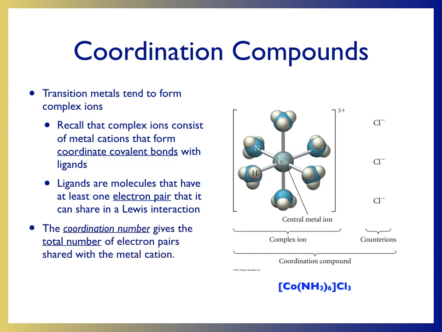The number of electron pairs that can be shared between a transition metal and its ligands is known as the coordination number. For the complex ion shown on the right, the coordination number is 6, since 6 electron pairs are shared between all the ammonia ligands and the cobalt ion.